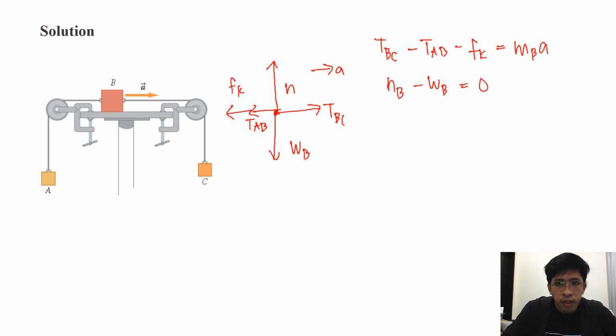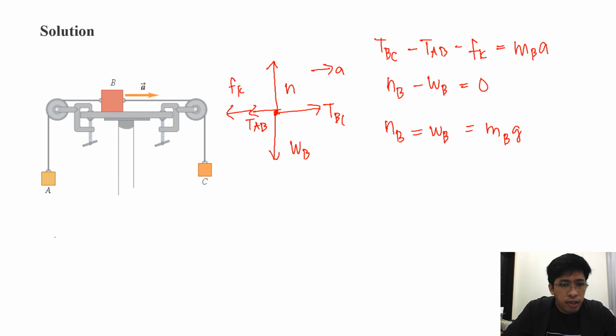So we can solve here your tension BC, but before solving your tension BC, let us find first your normal force, which is equal to your weight of block B. So this is just equal to the mass of block B times g.